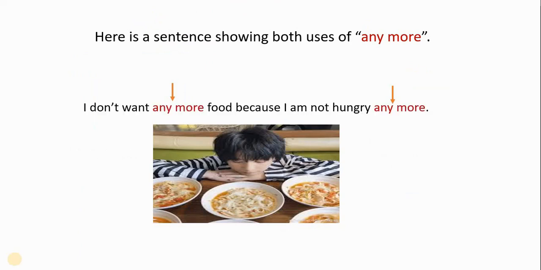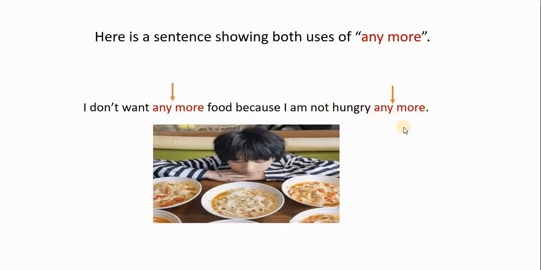Here is a sentence showing both uses of anymore. I don't want any more food because I'm not hungry anymore. You can see we have anymore twice in the sentence. So tell me, is this a determiner or is this an adverb?